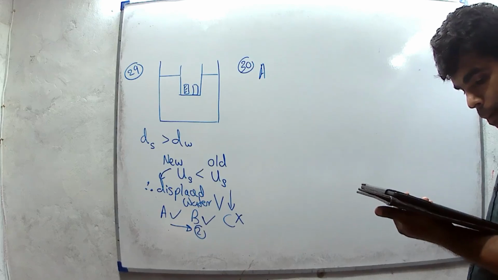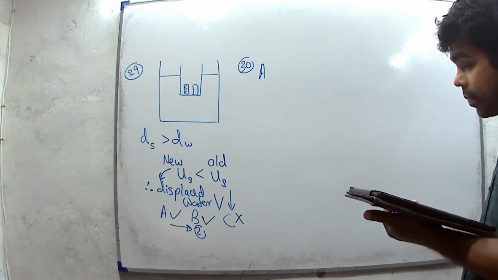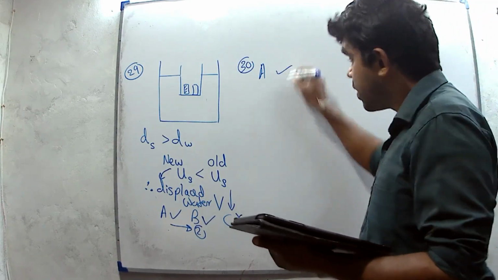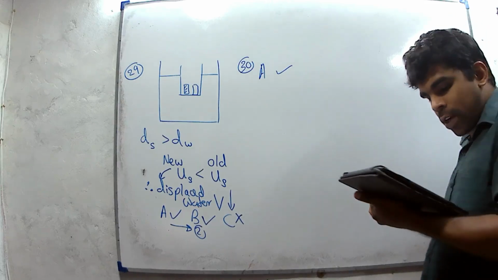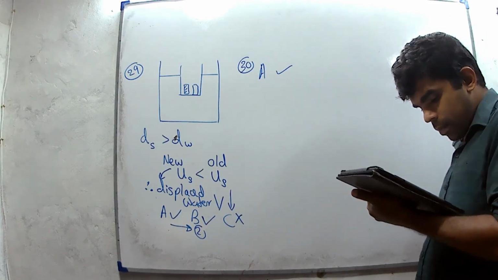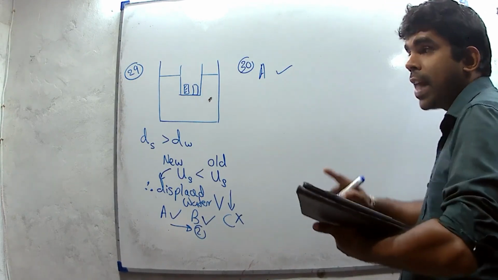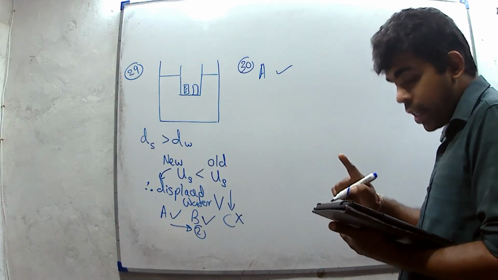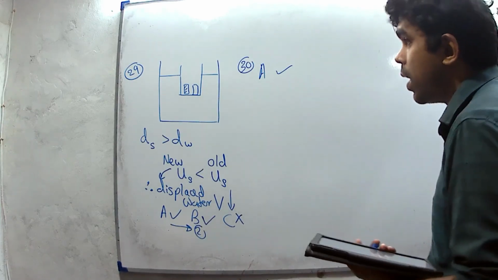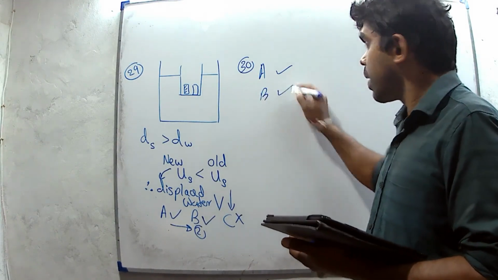Medium means down layer. Therefore A is correct. B, ρ1 is less than ρ3. Yes, it's also correct. If ρ3 is a less value, the system should be in the opposite direction. The ρ3 object should be the upper object. It is correct. B also correct.